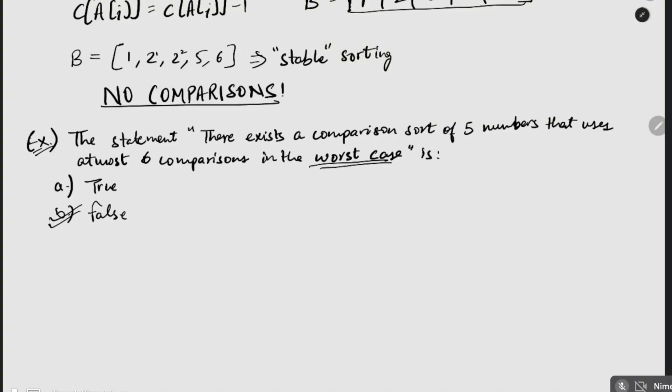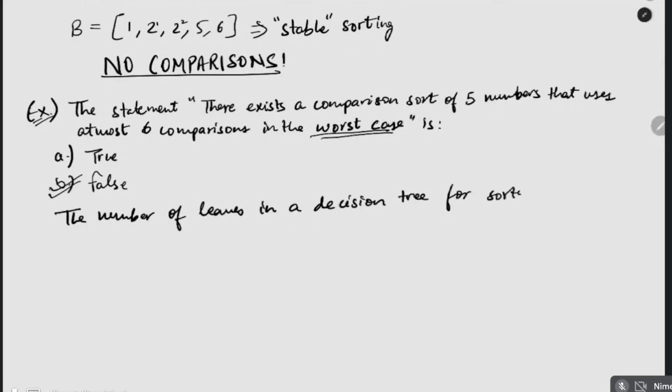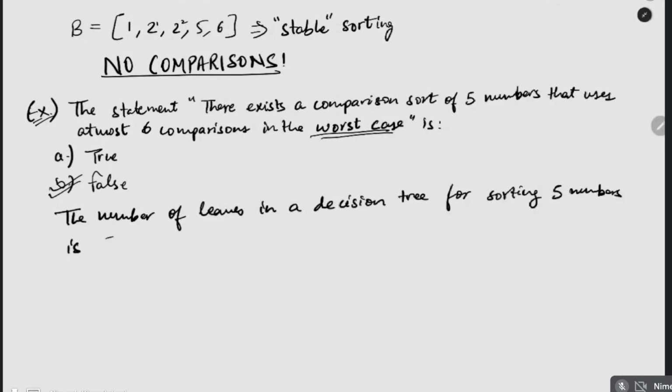And if we have to dig a bit deeper in this, then what we can say is that the number of leaves in a decision tree for sorting five numbers is at most 5 factorial, right?